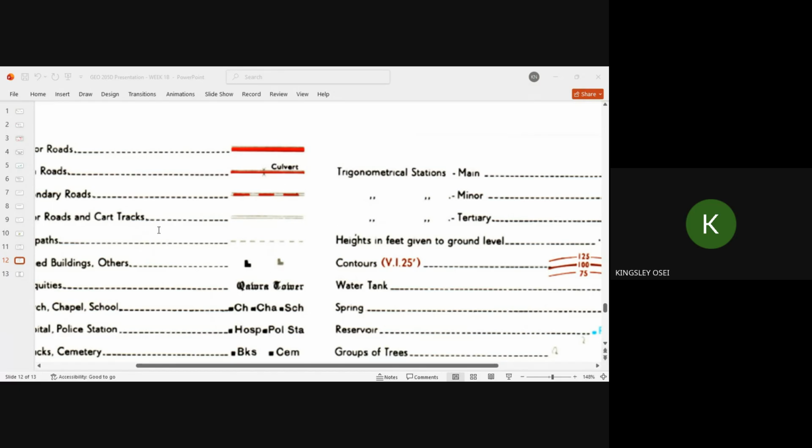We can also look at the classification of conventional signs: physiographic, communication or route symbols, settlement symbols, or functional symbols.